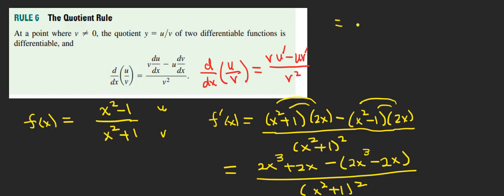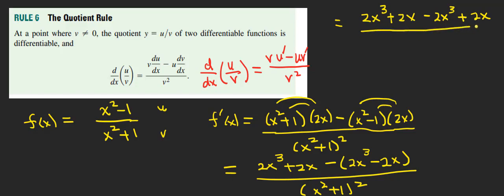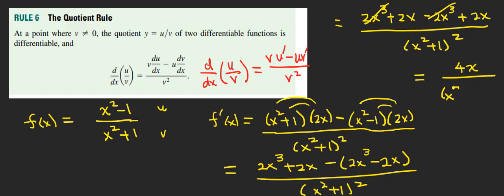So you'll get 2x cubed plus 2x minus 2x cubed plus 2x all over quantity x squared plus 1 squared. 2x cubes cancel out, so you end up getting 4x over quantity x squared plus 1 squared. So this is the f prime of x.